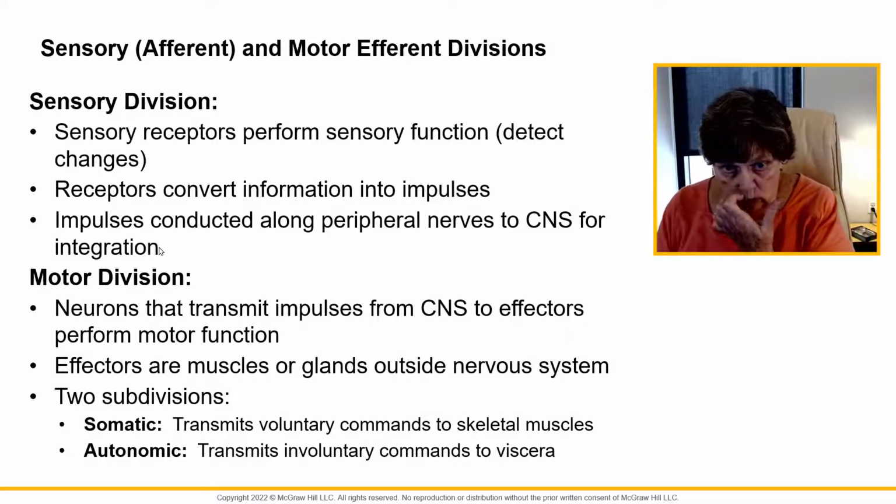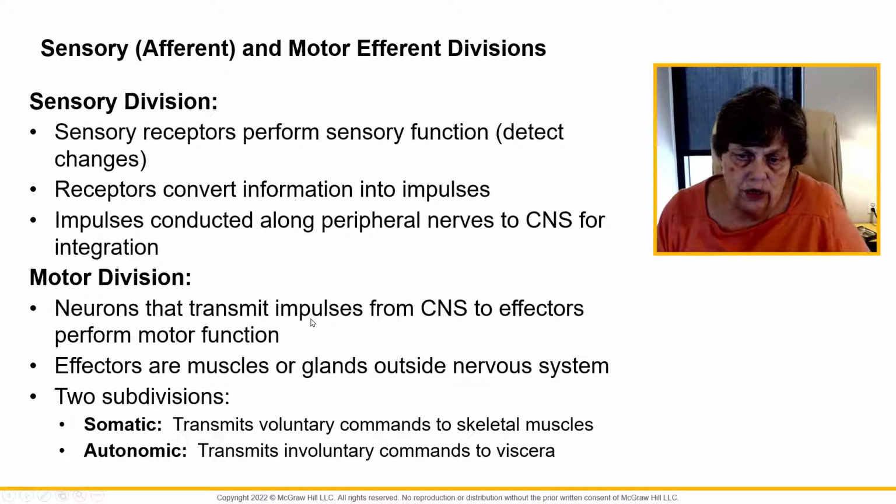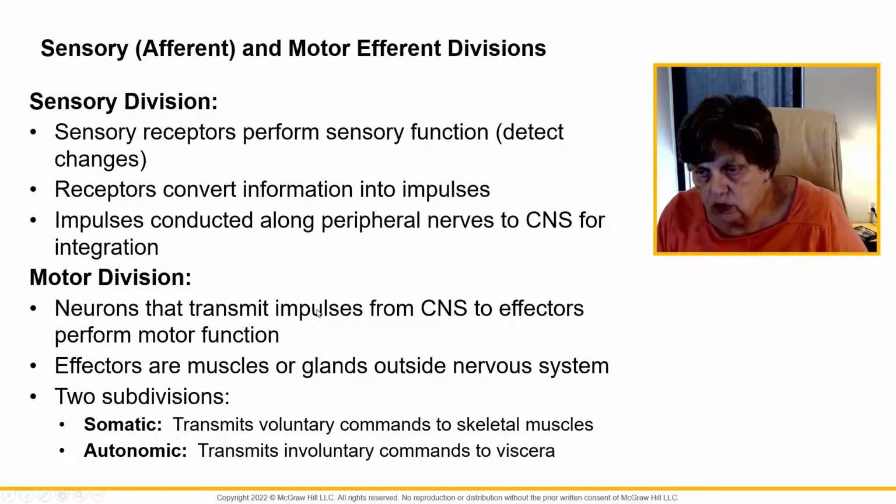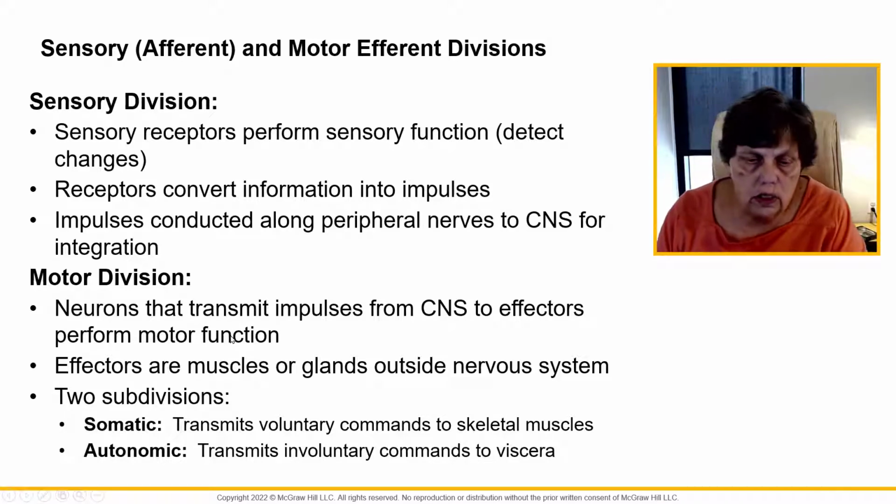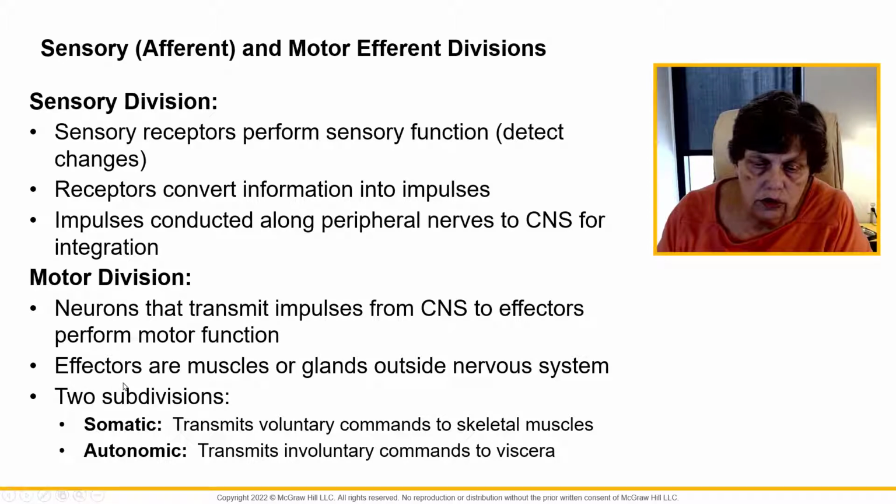And then the motor division, those neurons that transmit the impulses from the central nervous system to affect a particular motor function. So there are 2 subdivisions of the motor division, the somatic and autonomic.